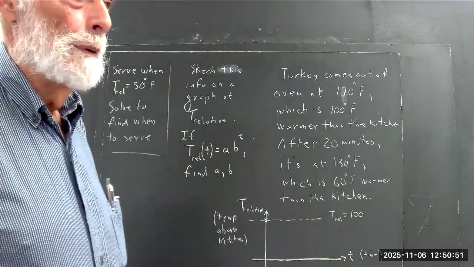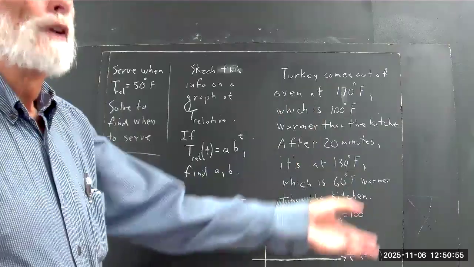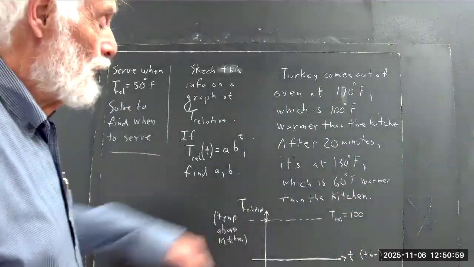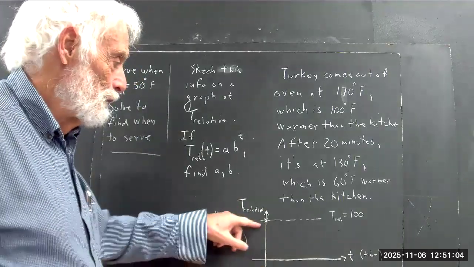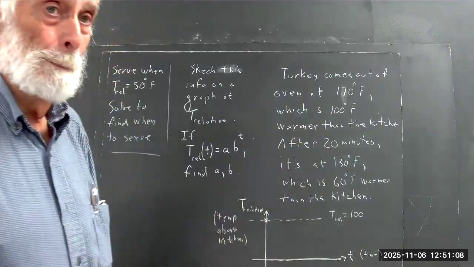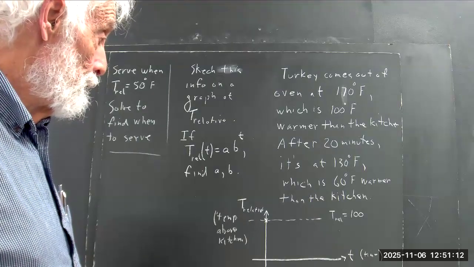No point in starting to time it before we take it out. Although maybe our clock was already running and we do have to write down time. But we can always shift our graph to the left so that our T equals 0 occurs at the time we first observe the temperature. So I would start that way.